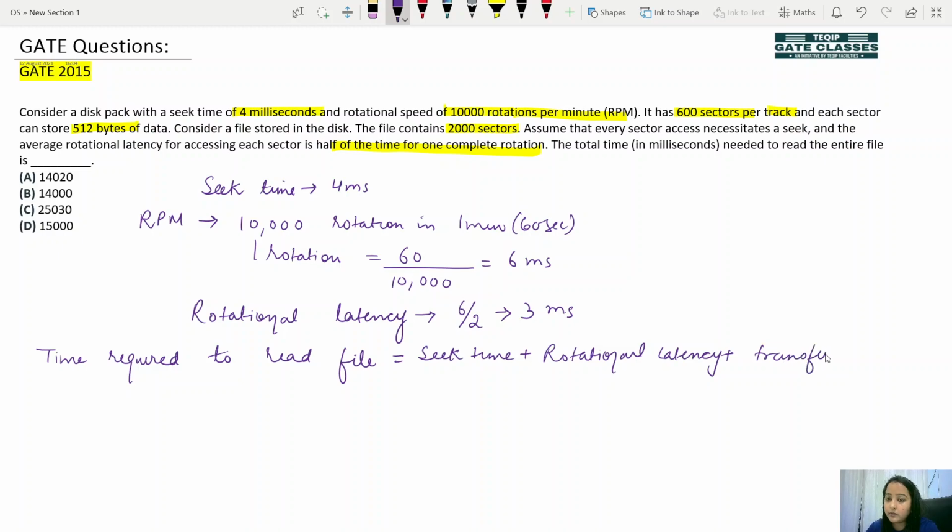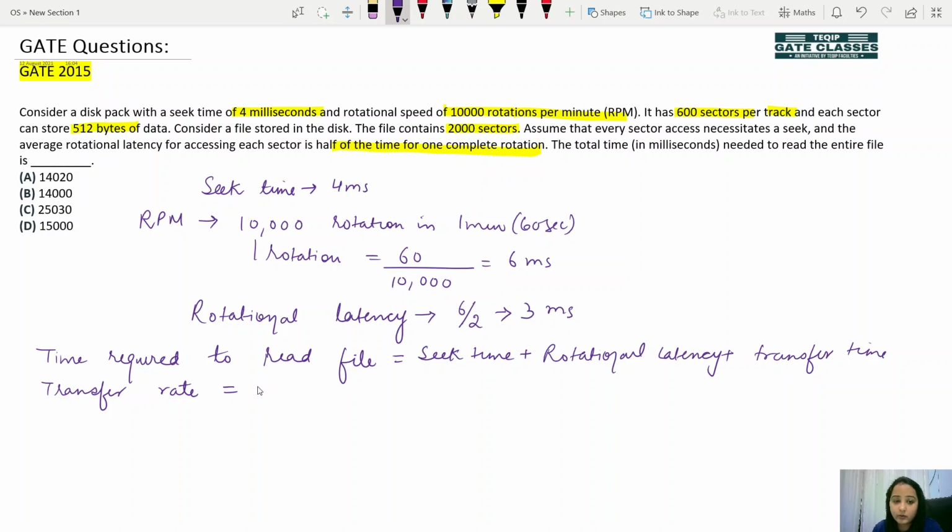Here the controller time is not mentioned, so I will not be taking it. It is simply negligible. So what will be the transfer rate that we calculated in the last question also? See, similar types of questions are coming in the GATE. So if you practice it, you will be able to get the answer. It is very simple. If you know the formulas, you can solve it.